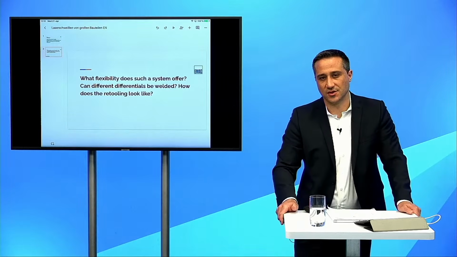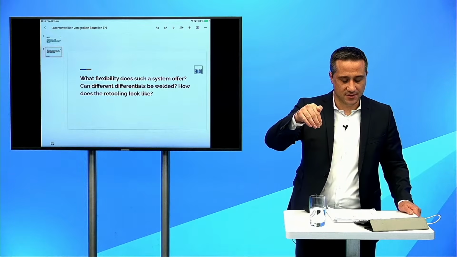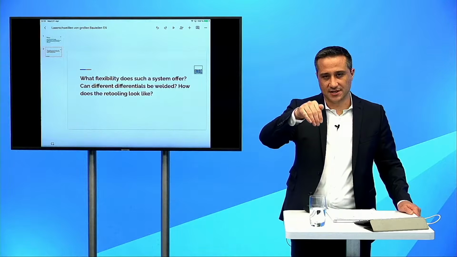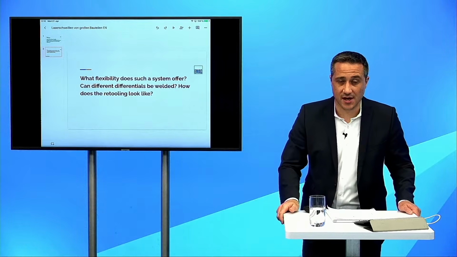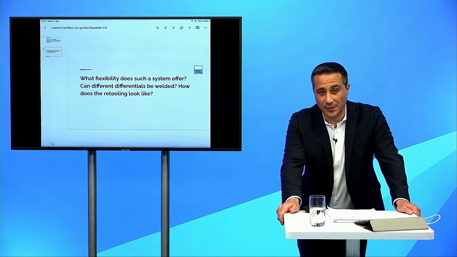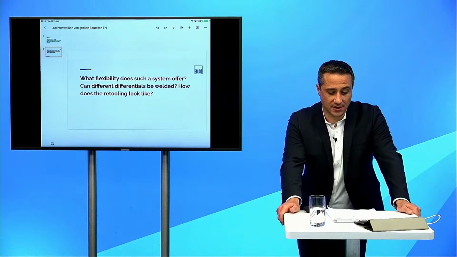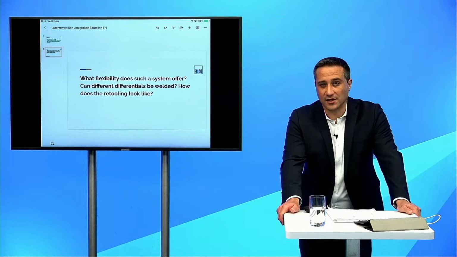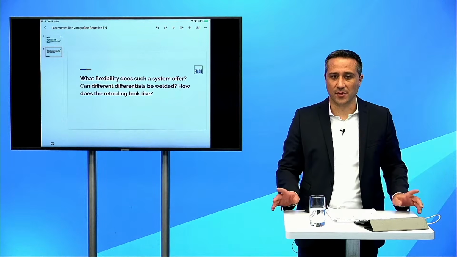I think I mentioned that we have an NC controlled optic, also with an NC B axis. This NC B axis also has the beam guidance included, and this gives us the possibility of welding different products, different components, on the same machine without manual changeover.